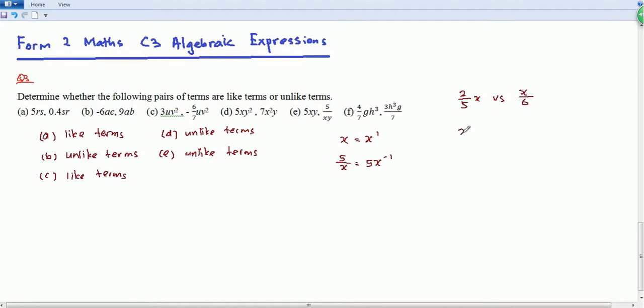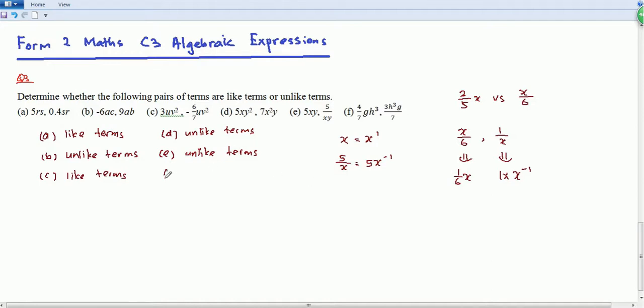How about x over 6 and 1 over x? They are unlike terms. The x here is power 1, it is equal to 1 over 6 multiplied by x, and this is equal to 1 multiplied by x to the negative 1. The power of x is negative 1, so they are unlike terms.